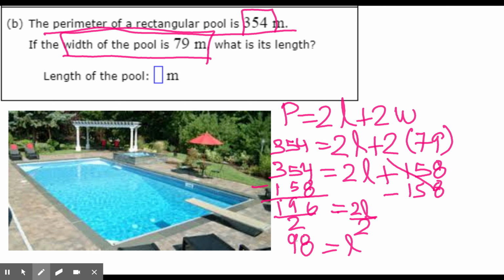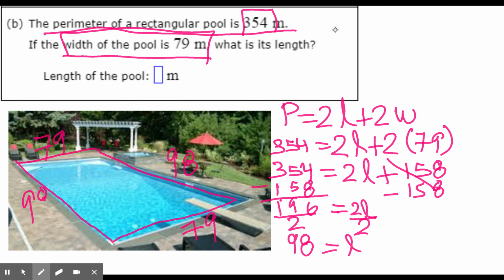So therefore, let's say that this side is equal to 98, and this side is equal to 98, and this can be our width down here at 79, and our other width at 79. Pull out a calculator and check my work. If we add up all 4 sides of this perimeter, do we get the total perimeter 354?